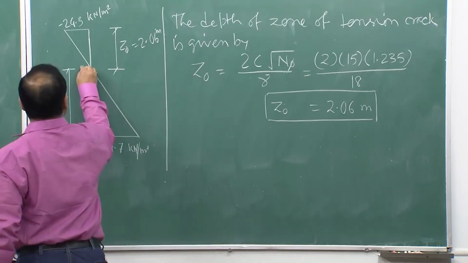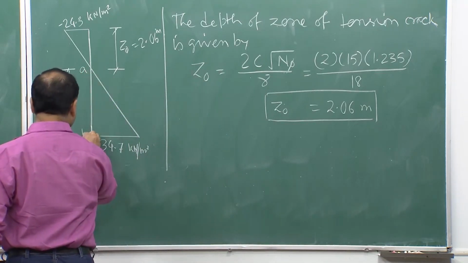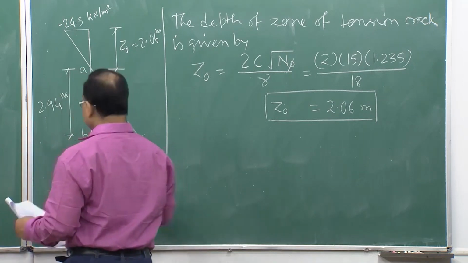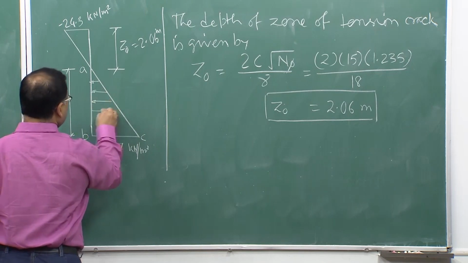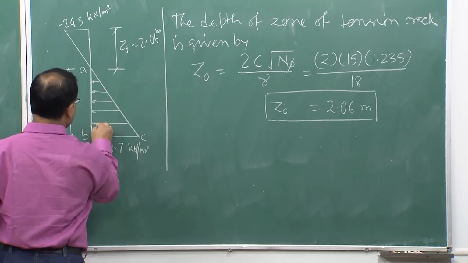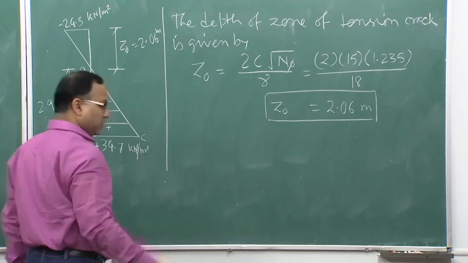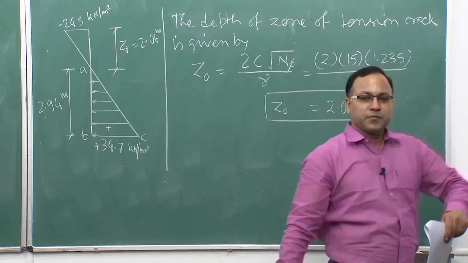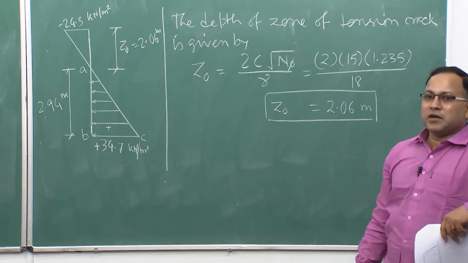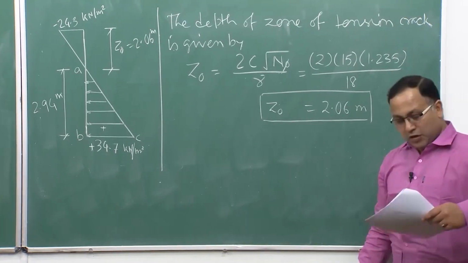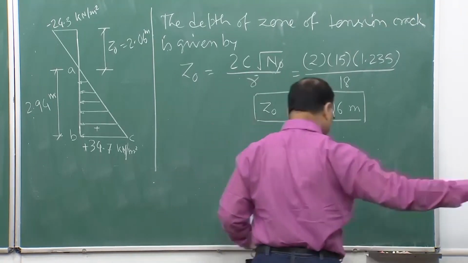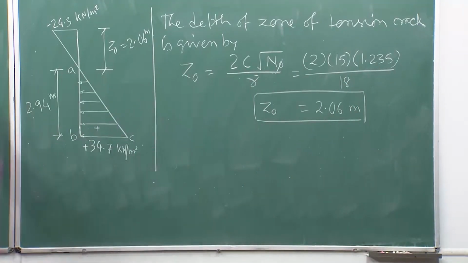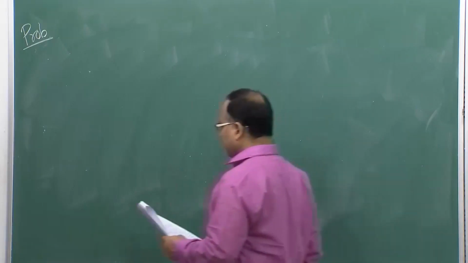Okay. So, let us call these points small a, b and c. So, this is the positive pressure, that means compressive thrust or the push, and the top part will be under tension. Once we have got Z naught, we can calculate the resultant active thrust.